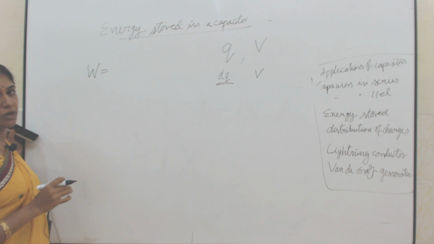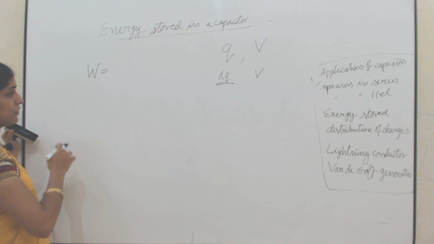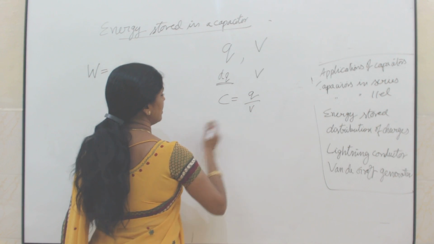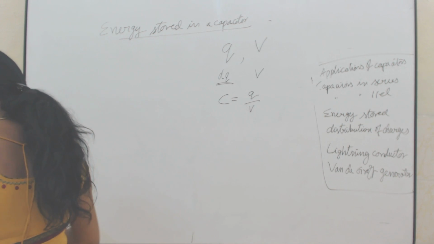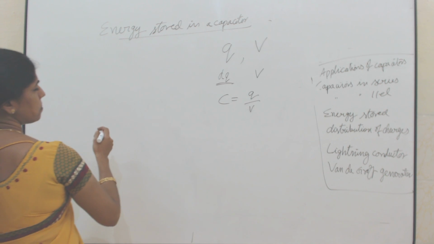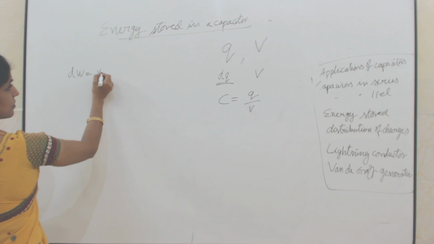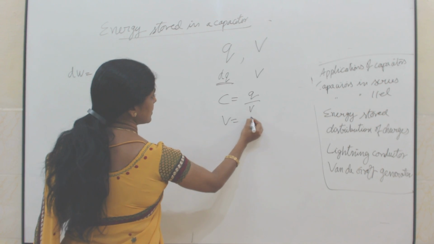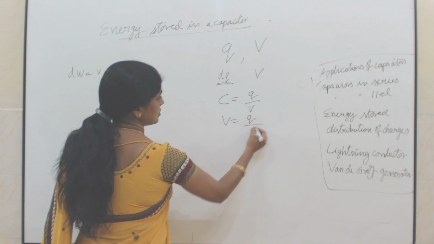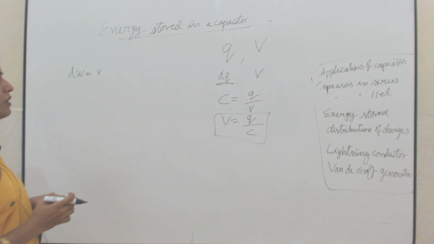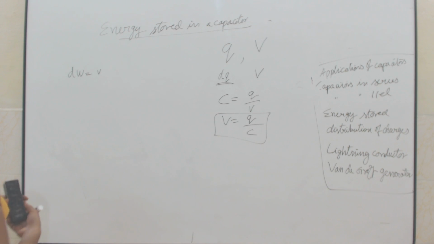We know C is equal to Q by V. From this, V equals Q by C.